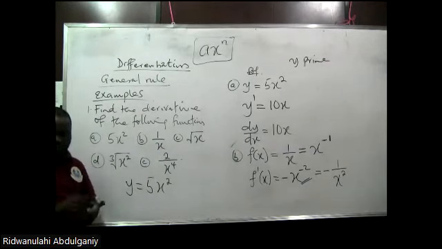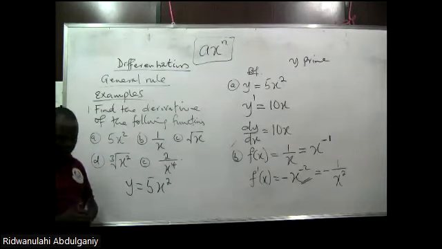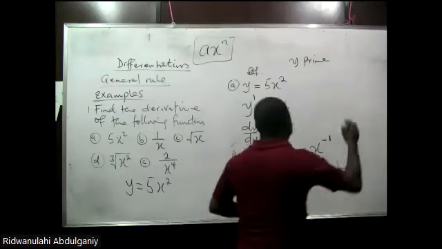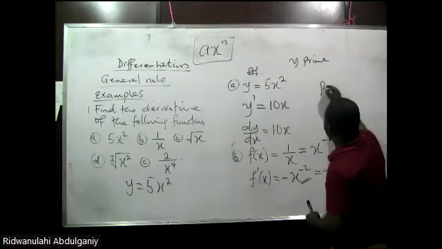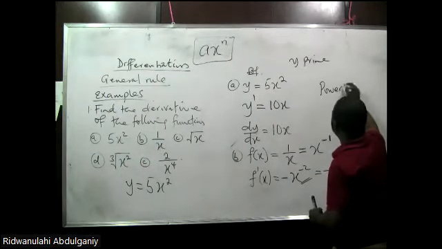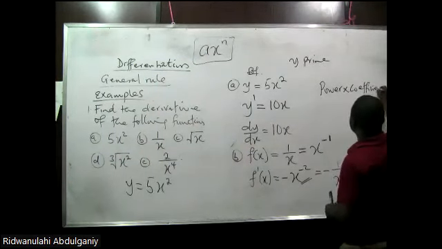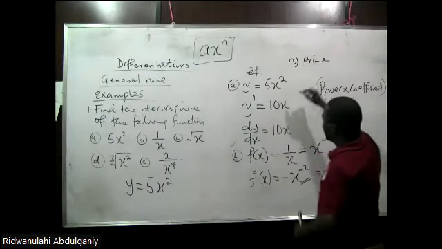Differentiate. Florence, were you in the previous two classes? I wasn't, but I listened to the recorded class. In the recorded class, we said it is power multiplied by the coefficient.